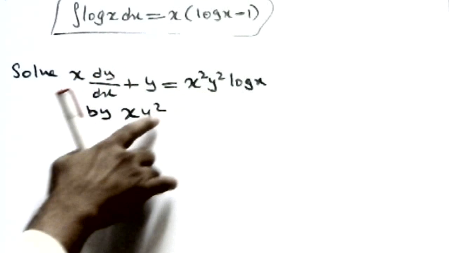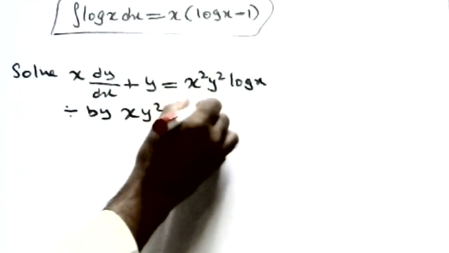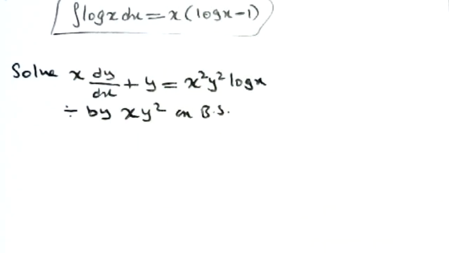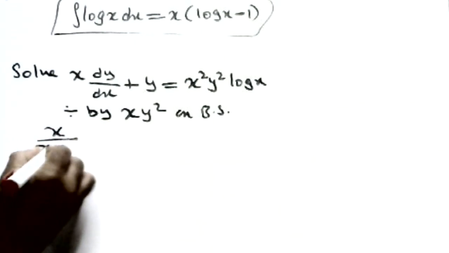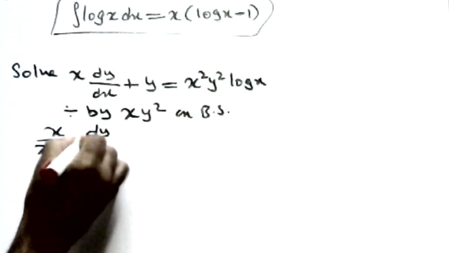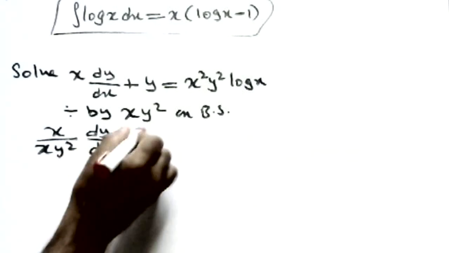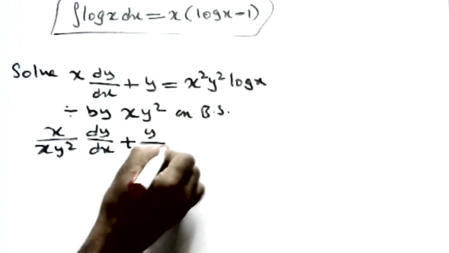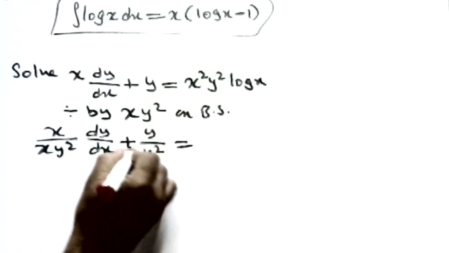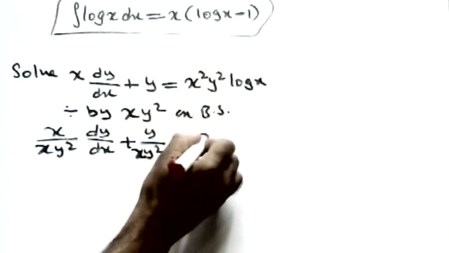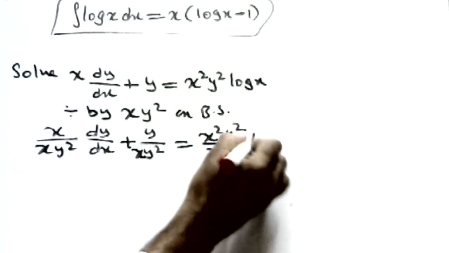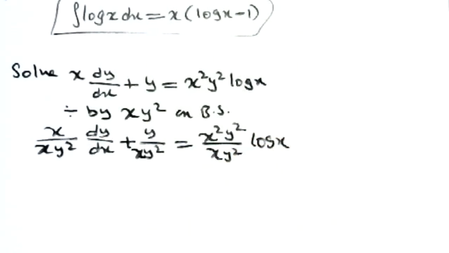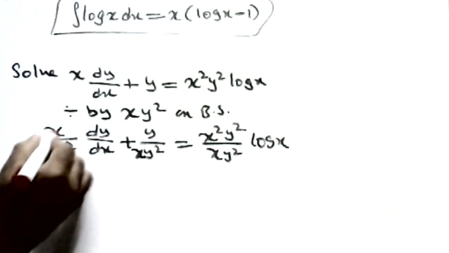To remove x, we are taking x, and the method is y square on both sides. So let me divide each term. x divided by xy square dy by dx plus y divided by xy square equals x square y square by xy square log x.